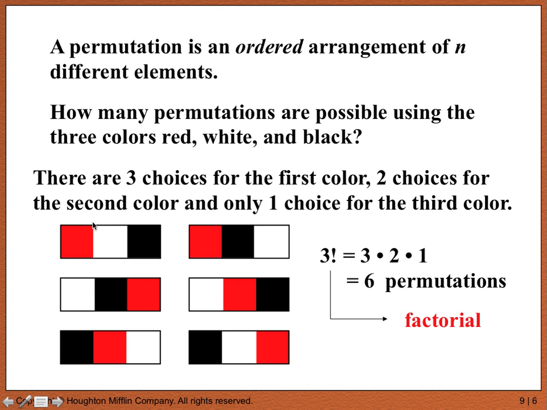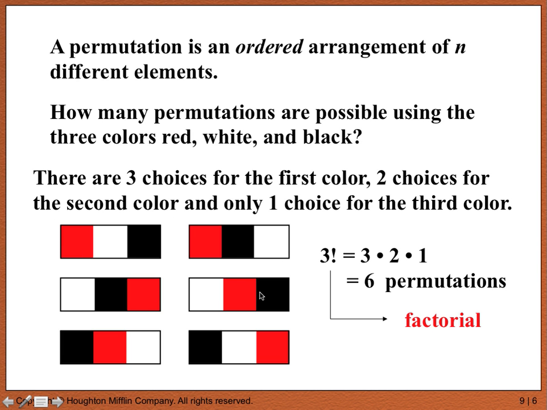All right, in the first slot here I have red. And I know that I can also have another possibility that has red in the first slot. So these 2 in the first row are possibilities in which red occupies the first slot. Well, the only 2 options then are red, white, black, and red, black, white. And those are the only 2 different possibilities if red has already been assigned to the first slot.